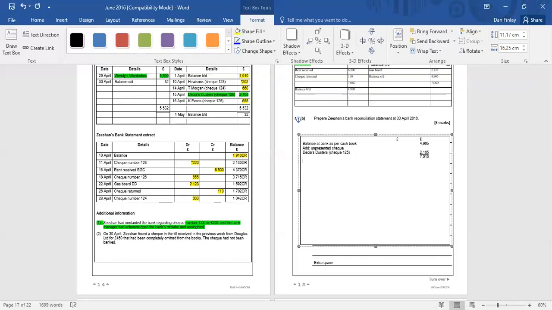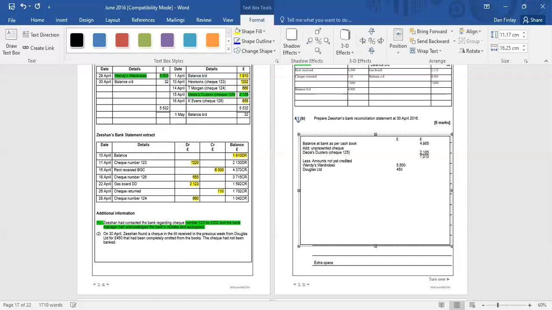Then we take away, so we less amounts not yet credited or outstanding lodgements. But the new phrase I like is amounts not yet credited. So that's stuff that we received, checks we received from customers that we just haven't cashed in yet. So we've got Wendy's wardrobes for 5,500, and we have Douglas Limited for 450.